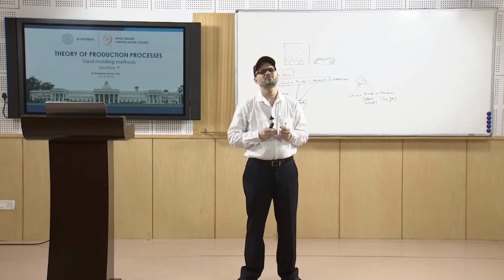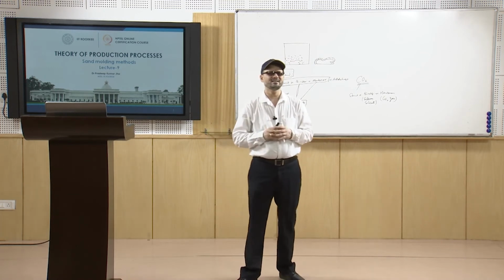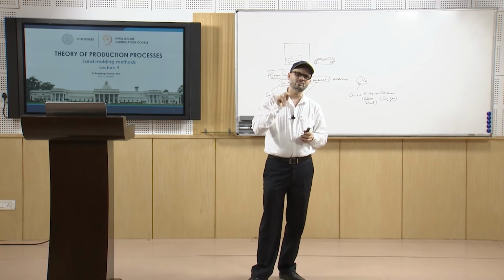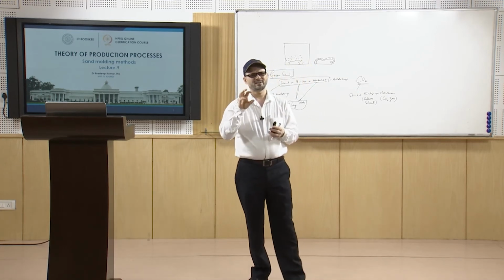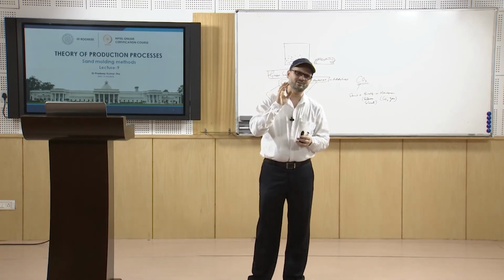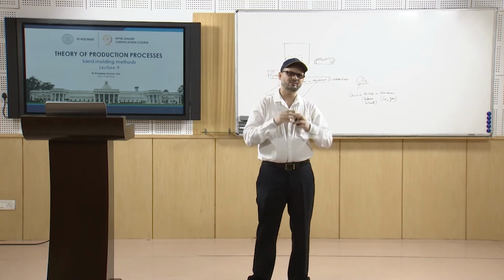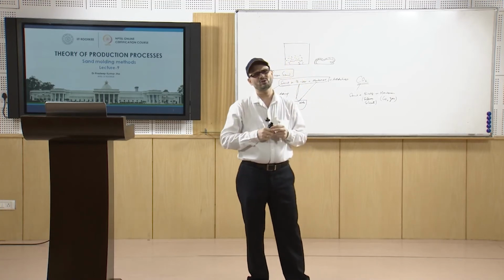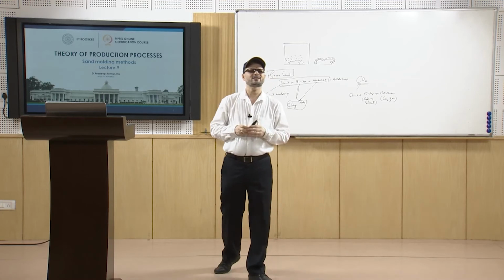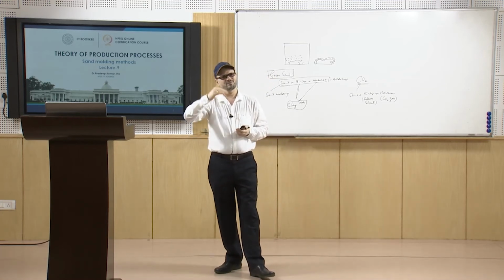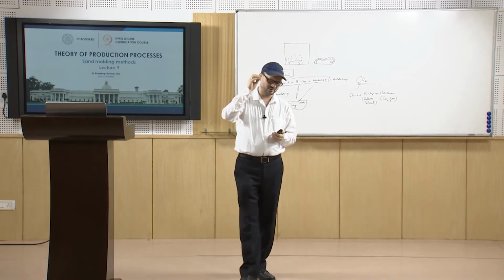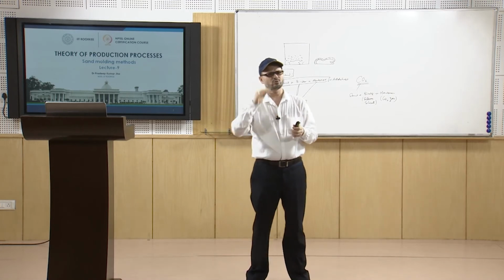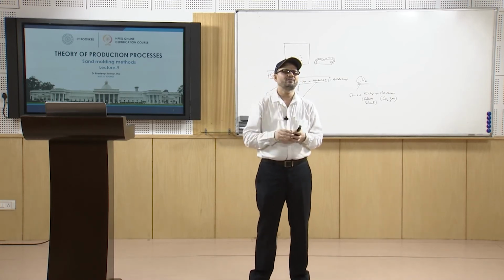The only difference between permanent mold casting and die casting is that in die casting the metal enters under pressure and solidification takes place under pressure, whereas in permanent mold casting you allow the molten metal to go inside the cavity under gravity.